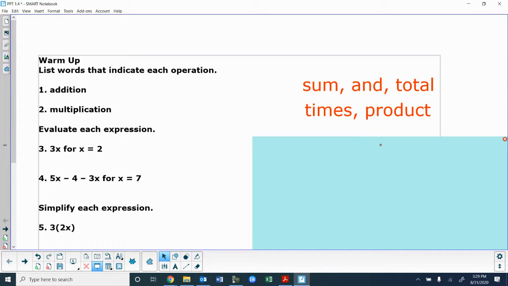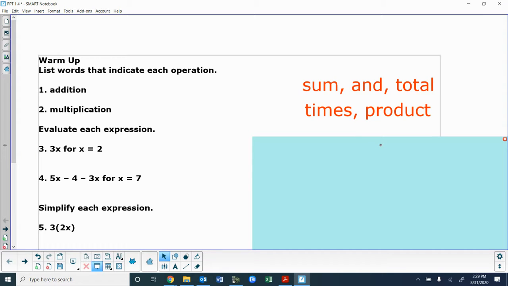Sum and product are the ones you'll see a lot. Total you'll see a lot too for addition. So you're going to start reading some word problems and have to translate it into an equation with addition, subtraction, multiplication, or division.